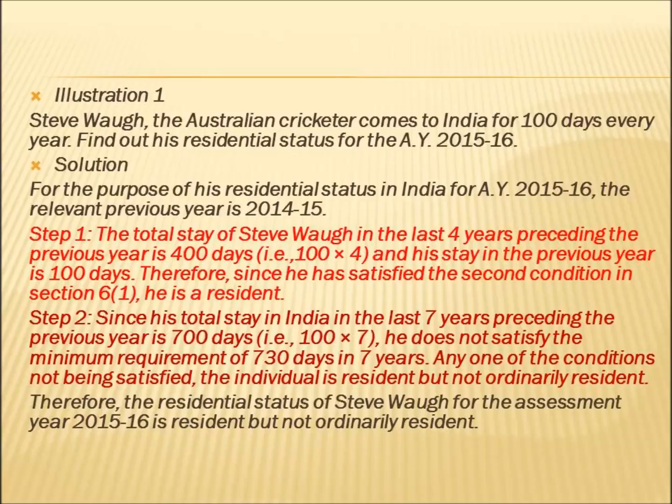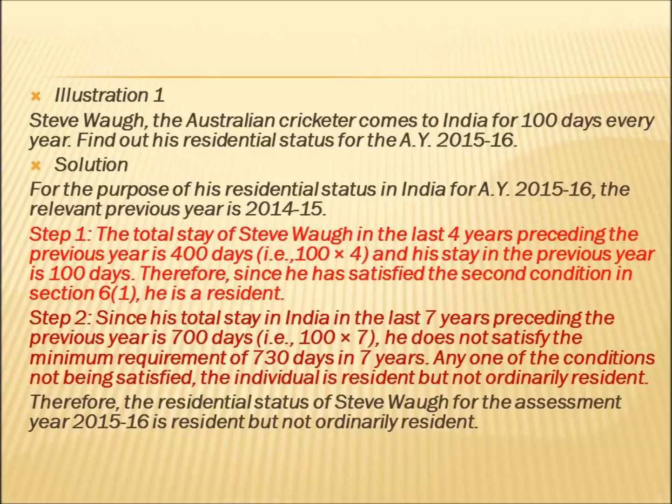So we have to see whether these two conditions are satisfied or not. His total stay in India in the last 7 years preceding the previous year is just 700 days, that is 100 days every year into 7 years. So he is not satisfying the minimum requirement of 730 days in 7 years.